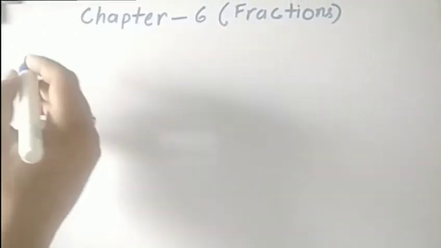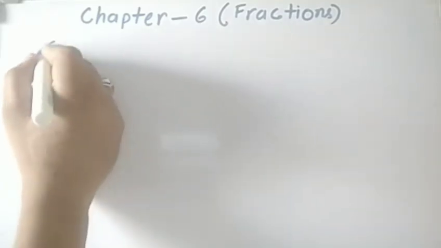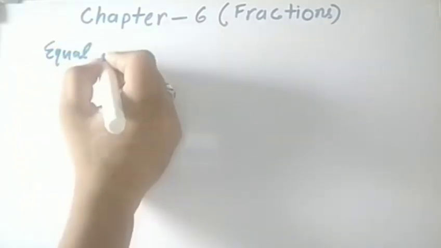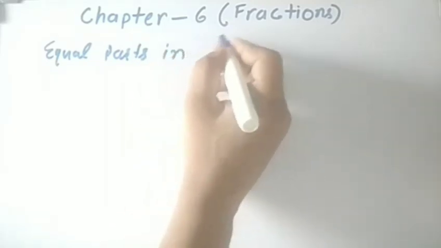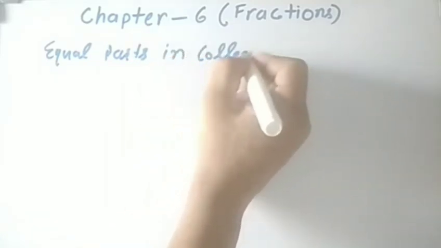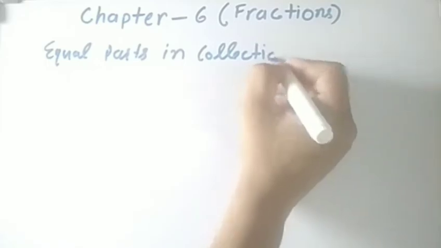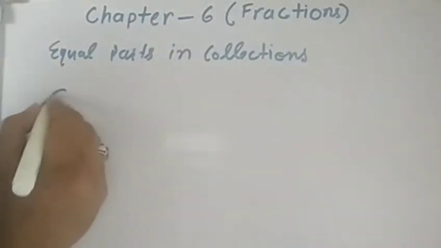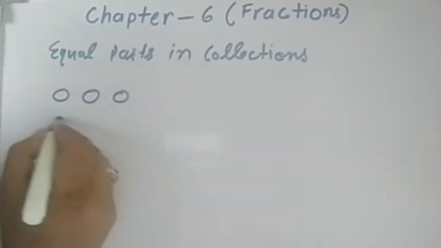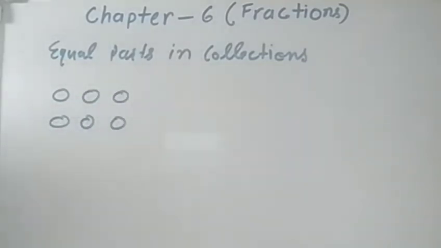Next topic is equal parts in collection. For example, I have 6 balls arranged like this, and we have to divide this arrangement into 2 equal parts.